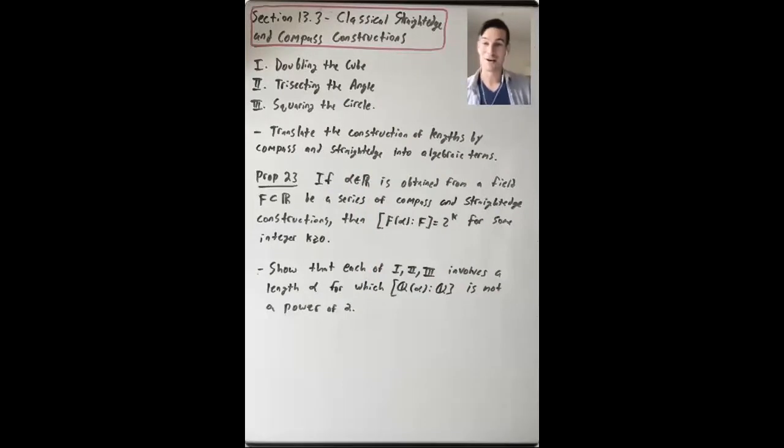Okay, so it's a really cool thing to use the theory of fields to show that these classical geometry problems that people have thought about for thousands of years are impossible to solve given this certain set of compass and straightedge moves, these constructions that you're allowed to do.